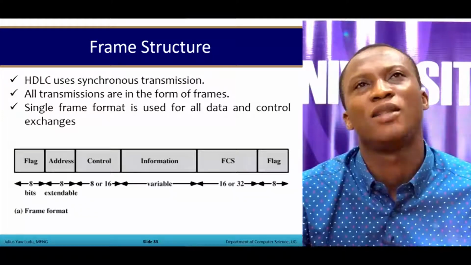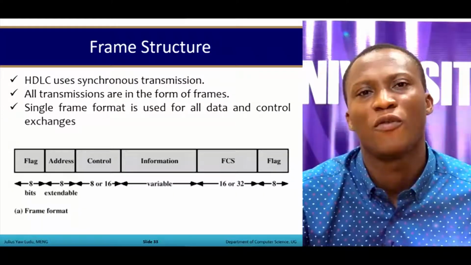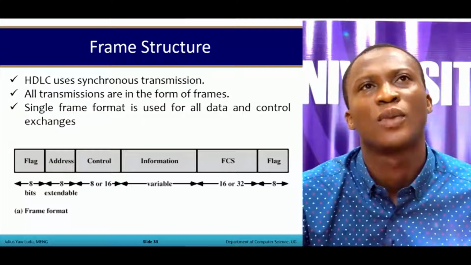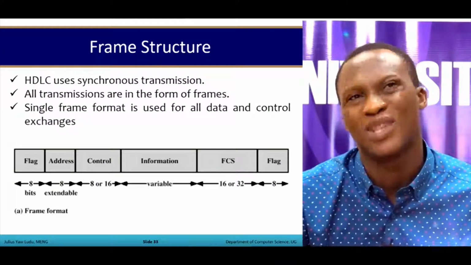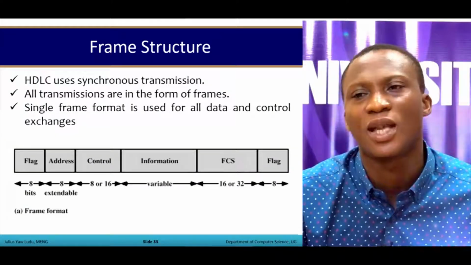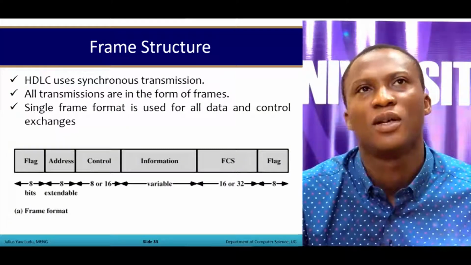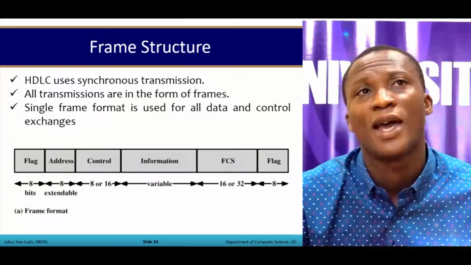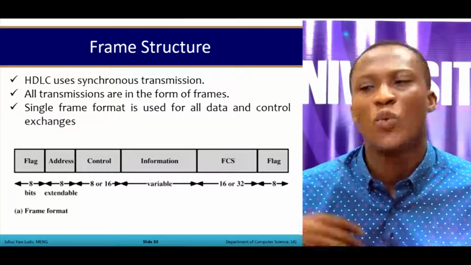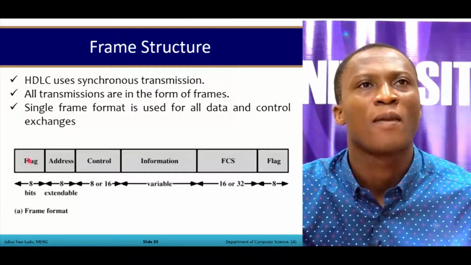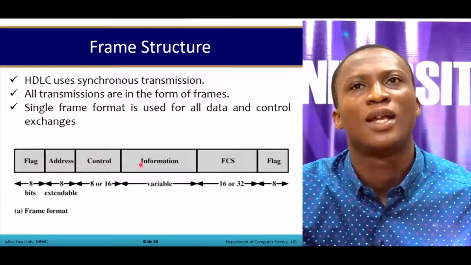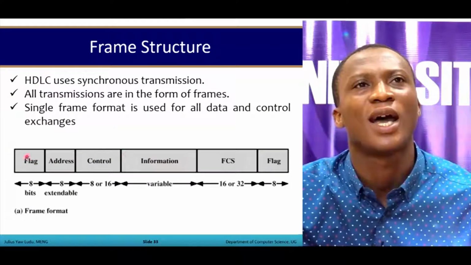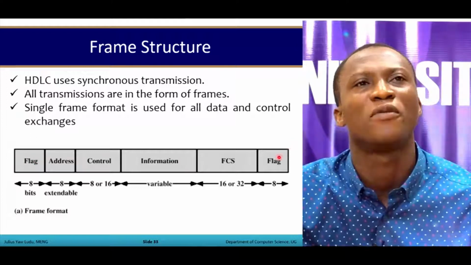Now let's look at the frame structure for HDLC. HDLC uses synchronous transmission, so all transmissions are in the form of frames. A single frame format is used for all data and control exchange. So below we have a diagram for the frame structure. At both ends is what we call the flag.